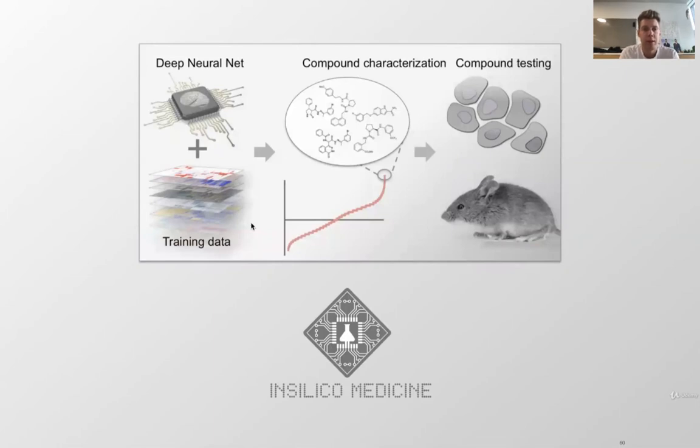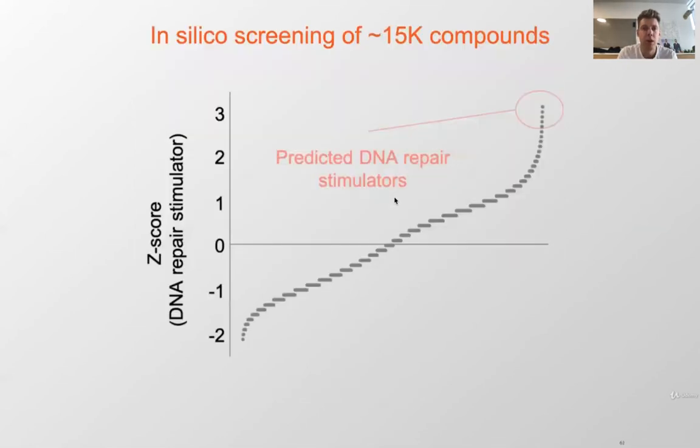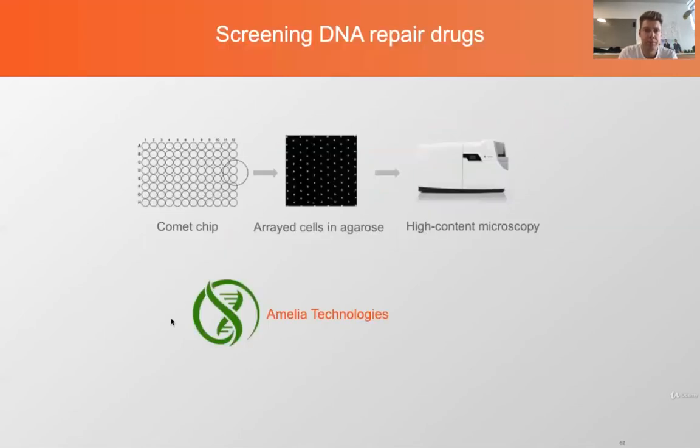The way we did that was through a collaboration with Silicon Medicine, where we used a deep neural network to find compounds that had a hormetic signature. We screened more than 15,000 compounds and got a number of hits.